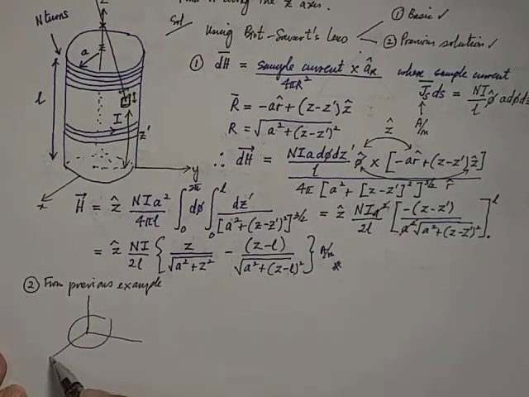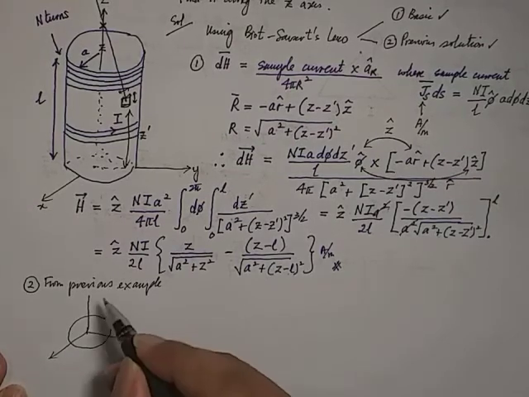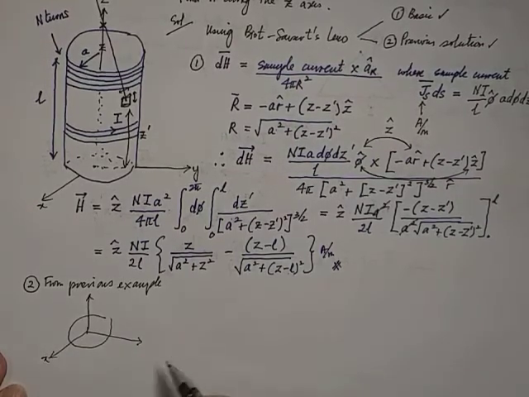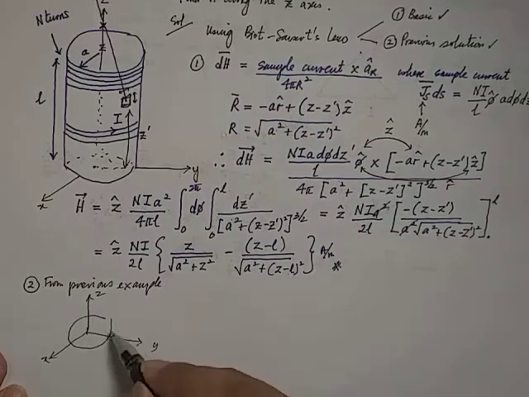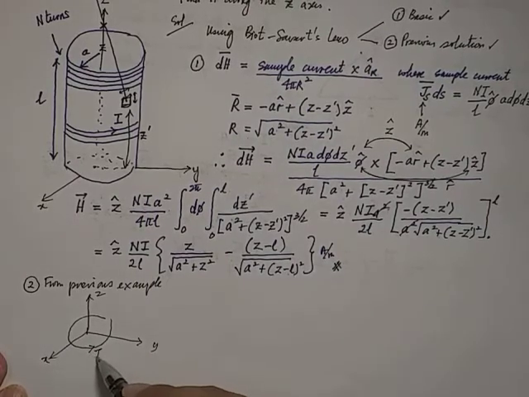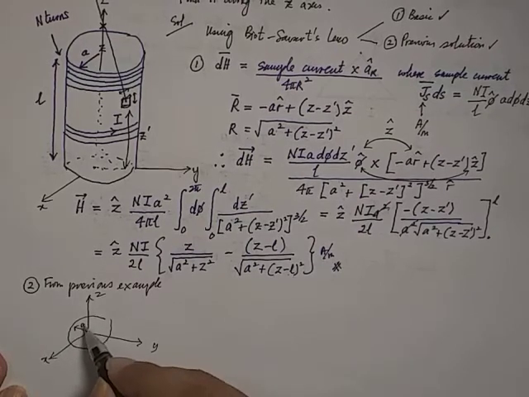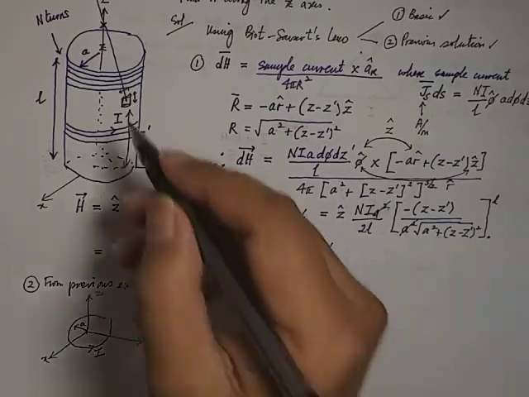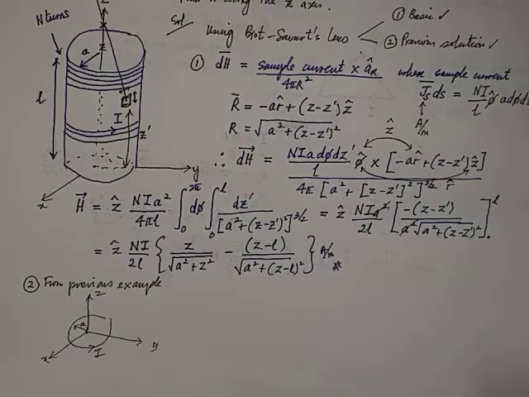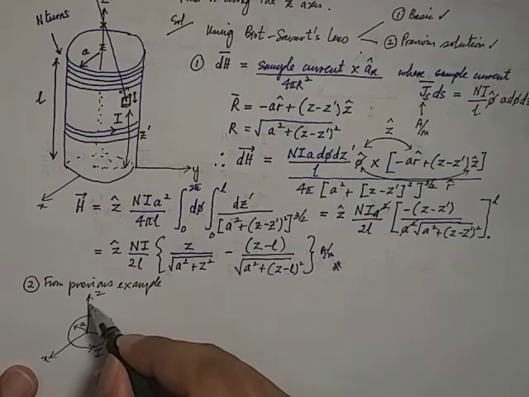Remember that problem? So this is X, this is Y, this is Z, and the current I flows in these directions. The radius of our ring coincides with A, which is similar to our cylinder, or solenoid, radius. So now we want to find the H located at the Z position.